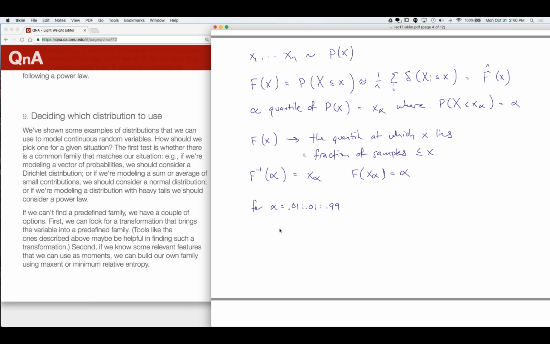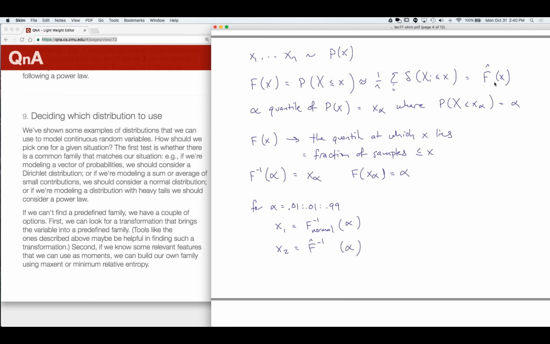We could say that x1 is equal to the inverse normal CDF applied to alpha, right? That's what we would expect the alpha quantile of a normal distribution to be. And then x2 is our empirical CDF inverse applied to alpha, right?